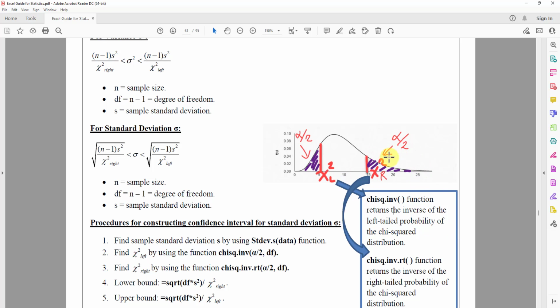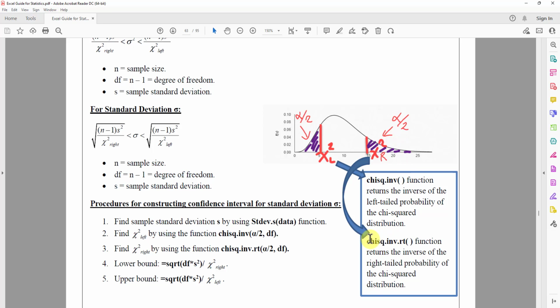And then to find the right chi-square, we use CHISQ.INV.RT. RT stands for the right side. This function returns the inverse of the right tail probability of the chi-square distribution. So for the left, we don't have anything attached to it. But for the right, we have .RT.